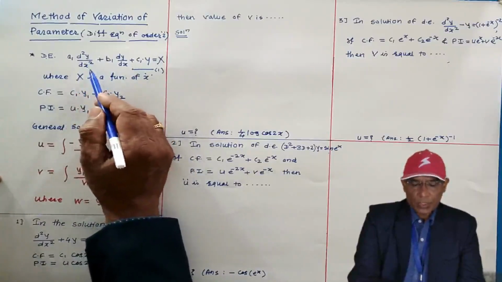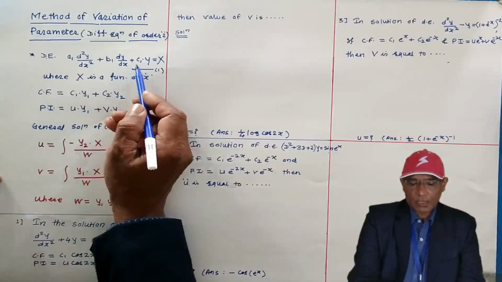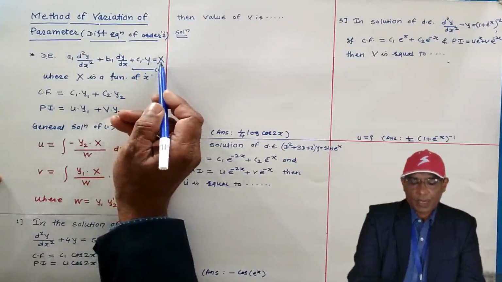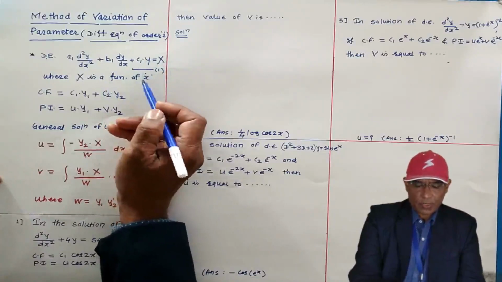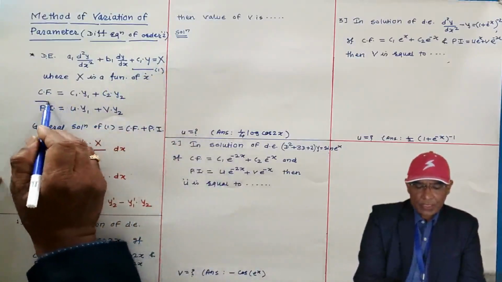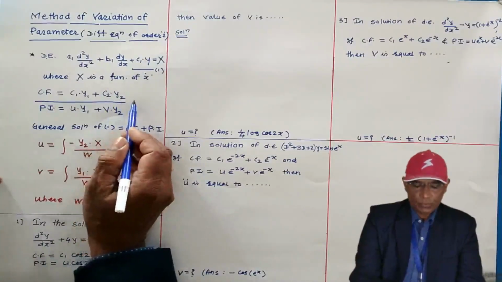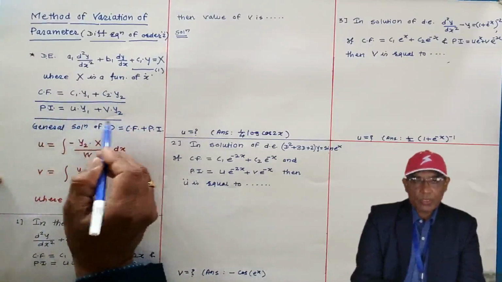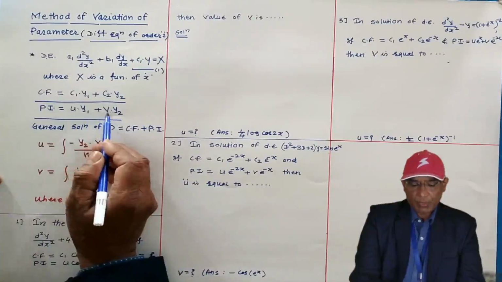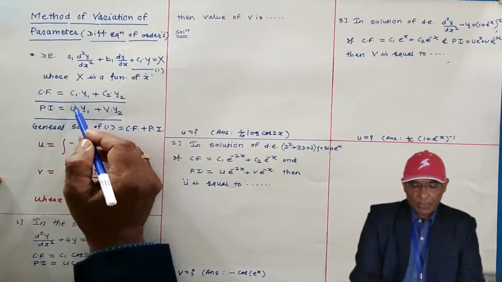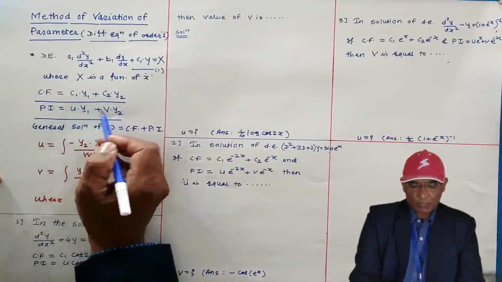Now this is the differential equation of order 2: a1 d2y by dx square plus b1 dy by dx plus c1y equals X, where uppercase X is a function of small x. The complementary function is c1y1 plus c2y2, and for the particular integral we set u y1 plus v y2. In short, c1 and c2 are replaced by u and v.